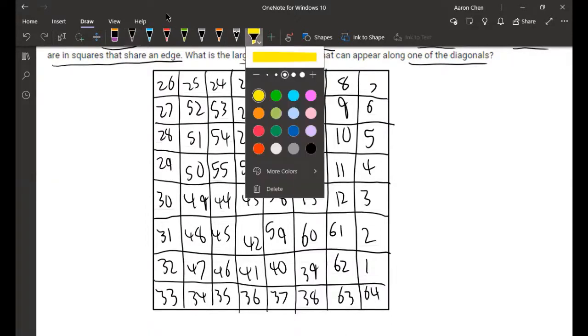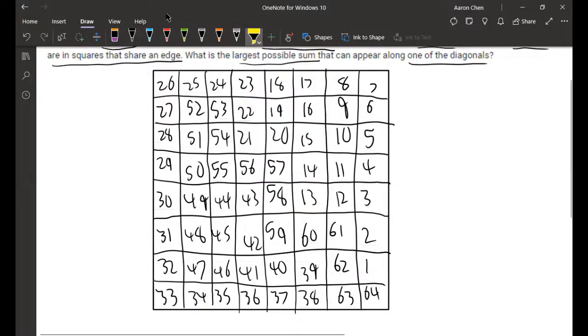And so the diagonal that we're going to consider is the one made of the squares highlighted in yellow.